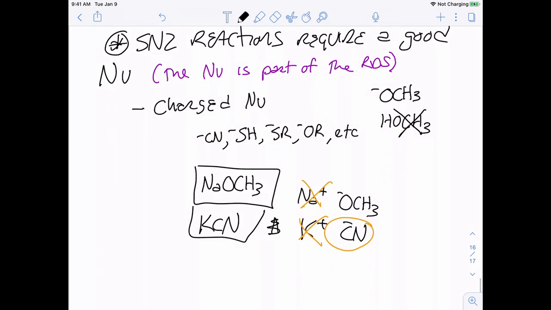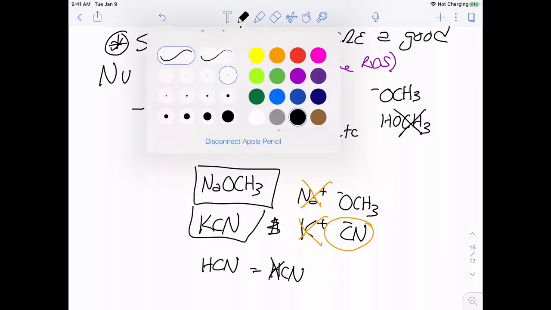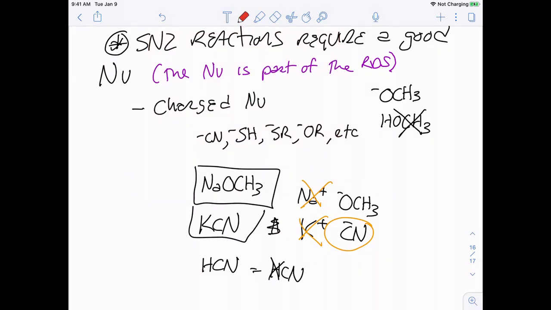Just please do not get those confused with HCN. HCN is HCN. You're not just going to pop off a hydrogen that's covalently bonded. That's not a thing. So don't do that. Big red X on this one. So this is neutral.